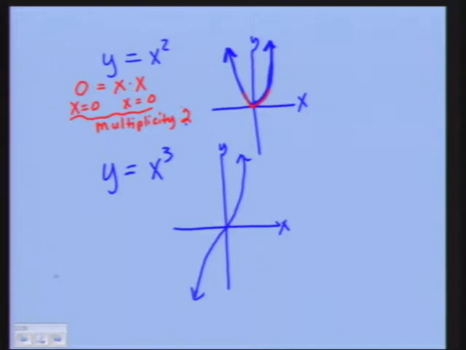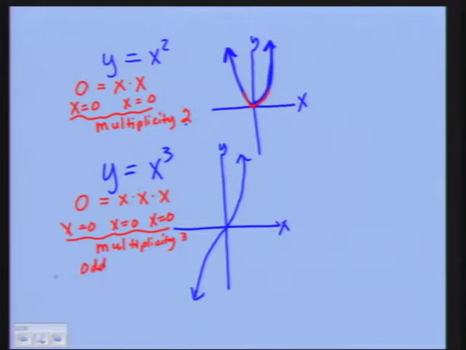Looking at y equals x cubed, plugging in 0 for y, we get x used 3 times when we see x cubed. So we get x equals 0 3 times. So we say this is multiplicity 3. So right here we have an odd multiplicity, and we notice that we go through the axis rather than turning around like we did in y equals x squared.